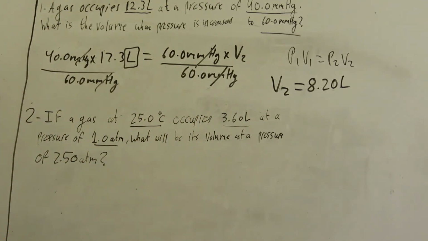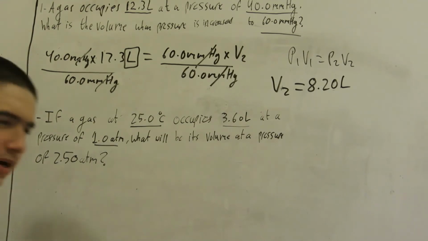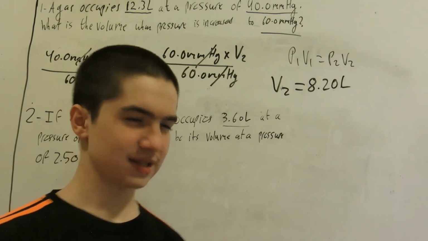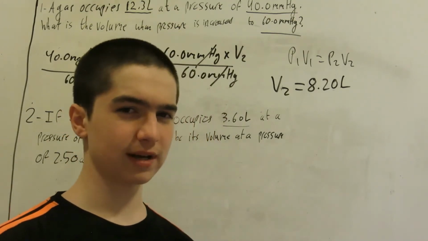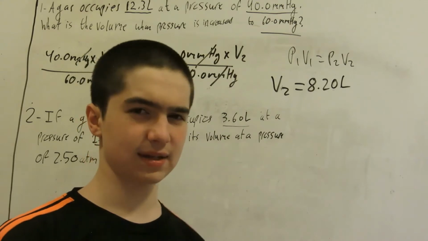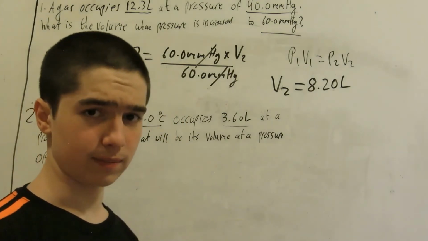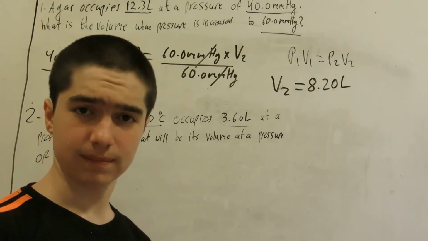Alright, so the question states, if a gas at 25 Celsius. Some of you might notice the word Celsius, and we're talking about pressure and volume. There's no T in that equation when we're talking about the pressure and volume relationship. We don't have temperature.